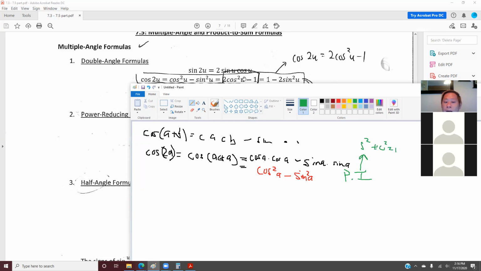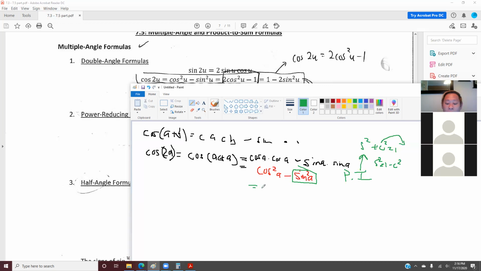If I want the middle one, the 2 cosine square, that means I want to get rid of sine because this is all in terms of cosine. So I use the Pythagorean identity for that. I move that cosine square over. So what is sine square? Sine square is 1 minus cosine square.